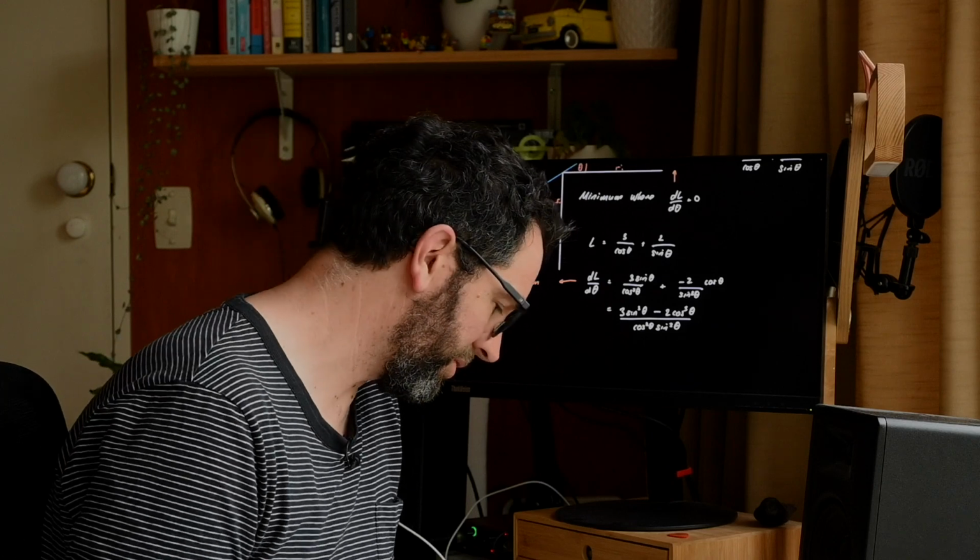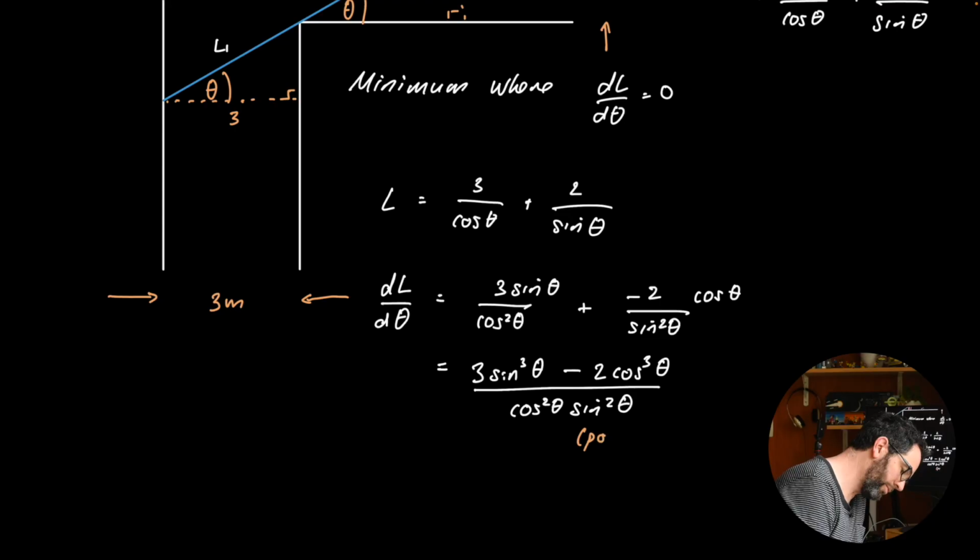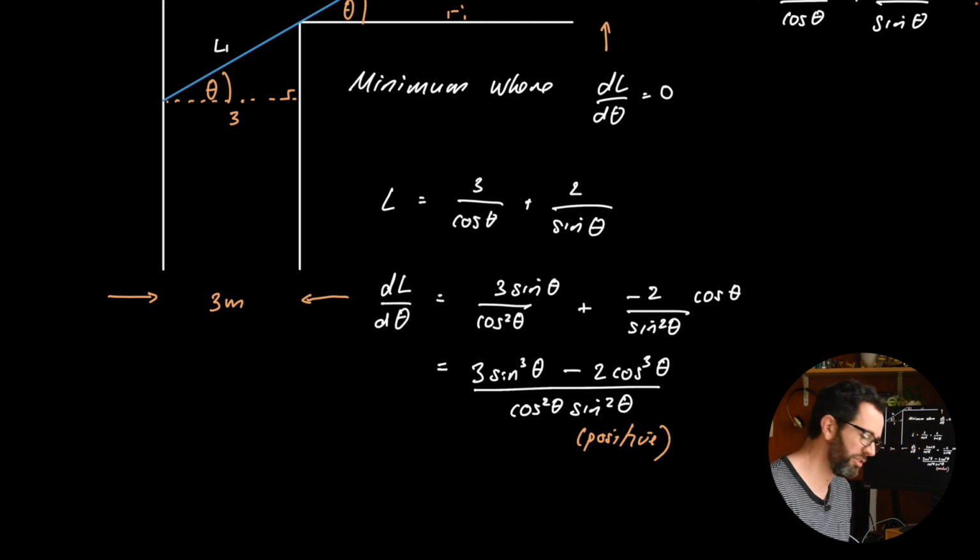All right, so that's nice. And we can see that so long as theta is not 0 or 90 degrees, the bottom of that fraction is going to be positive. And hopefully just from the geometry of the problem, you can see that we're not going to end up in those extreme 0 degree or 90 degree situations for our minimum. So we can probably safely not worry about that denominator causing any trouble.